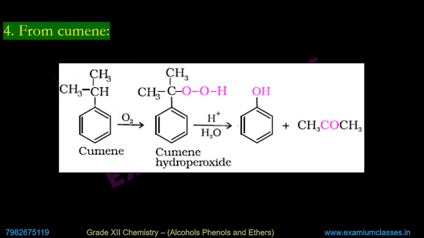When you react it with oxygen, which is actually in air, this H here is converted to OOH group. So it is addition of oxygen. CH becomes COOH. After that, acidic hydrolysis.